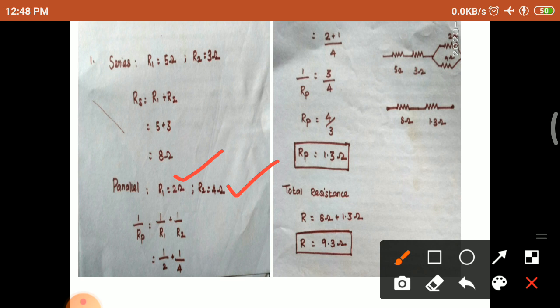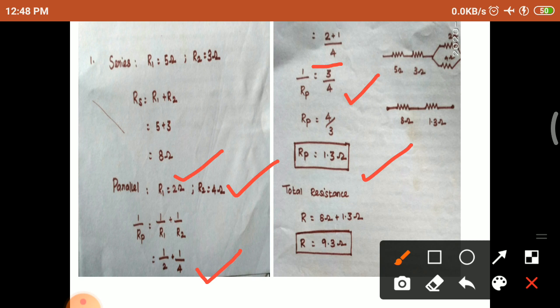Substitute the values of R1 and R2. If you take the LCM, you can get 4. Then we can write 1 by Rp is equal to 3 by 4, so Rp equal to 4 by 3. When I divide 4 by 3, I got 1.3 ohm.